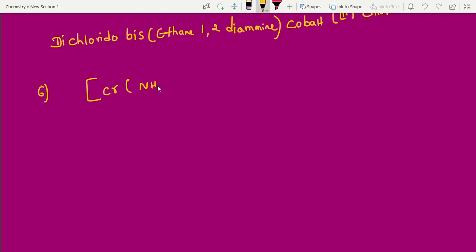NH3 3 times, and the next H2O 3 times, and next one, what is this? Cl3. So now see, this is cation, this is anion. How many types of ligands? This is amine ligand, this is aqua ligand. NH3 is amine, and water is aqua.